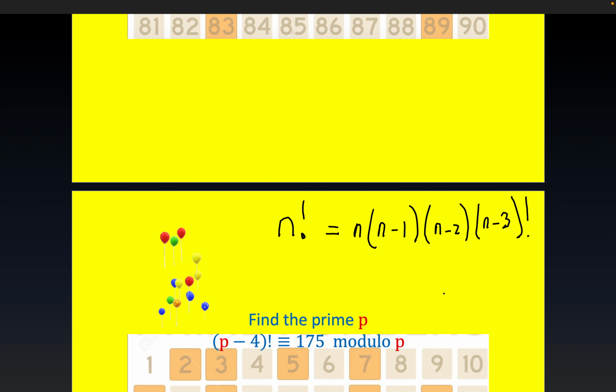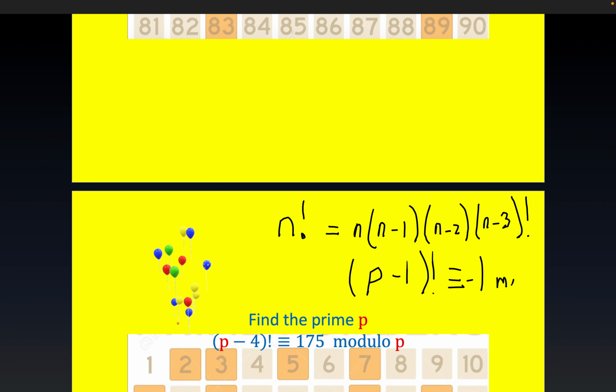And also a result that's very, very well known, maybe the central result in elementary number theory, is Wilson's theorem, which states this: P minus 1 factorial is congruent to negative 1, where P is a prime number.